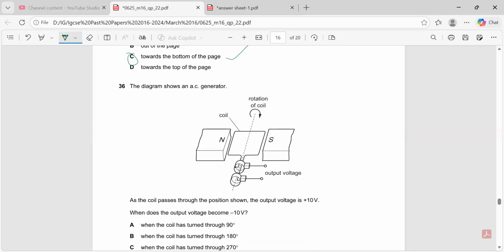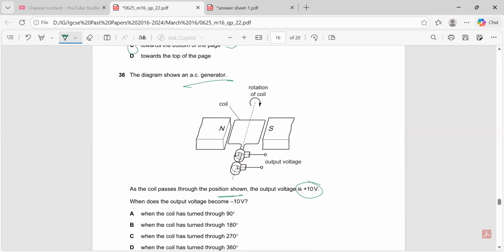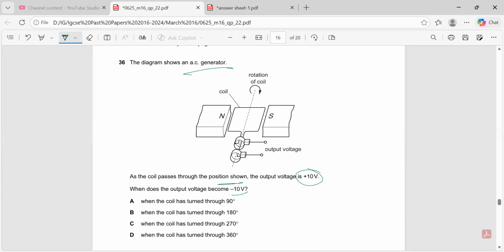36 now. The diagram shows an AC generator. As the coil passes through the position shown, its voltage is 10 volts. So when will the output voltage become minus 10? You know, this AC generator generates like this: positive, negative, positive, negative.